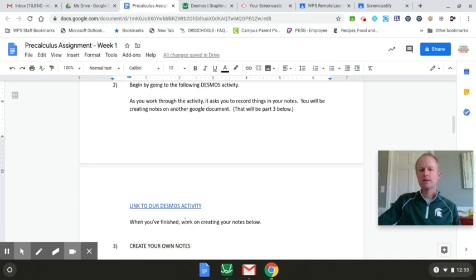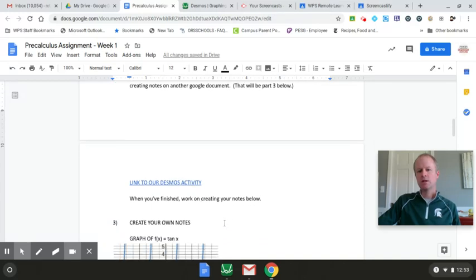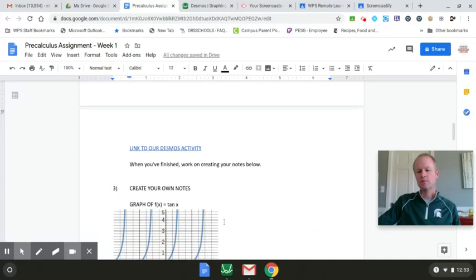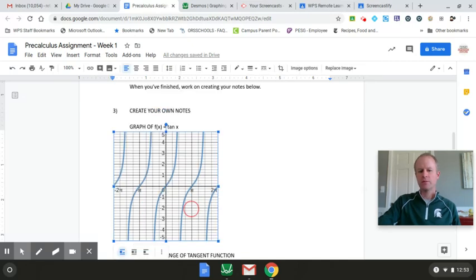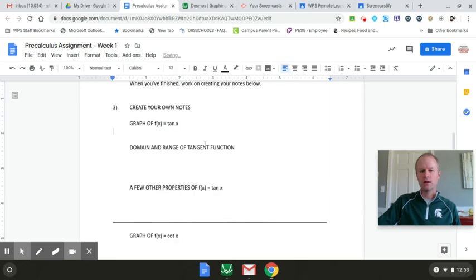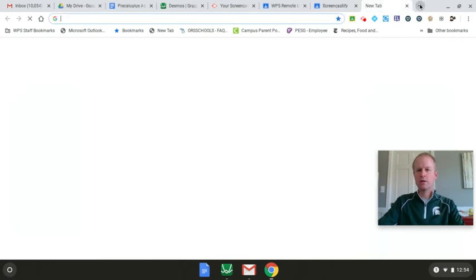So the first activity is about the graphs of tan, cotan, secant, and cosecant. And then once you're finished with that, you're going to work on creating some notes. So the way you're going to create the notes is you are going to go in to your Desmos on your computer.